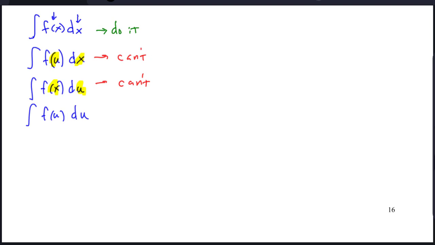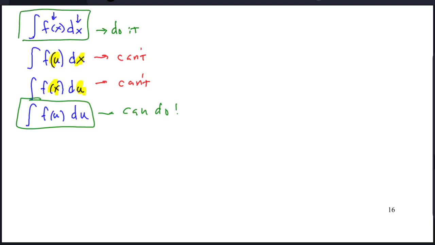Now, notice this one has the agreement. This one is doable. We can do that one. So this one has agreement between the function being in u and the differential du. This one has agreement with the function being in x and the differential being in x.